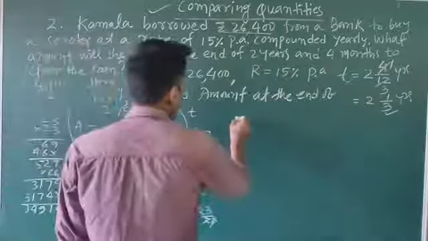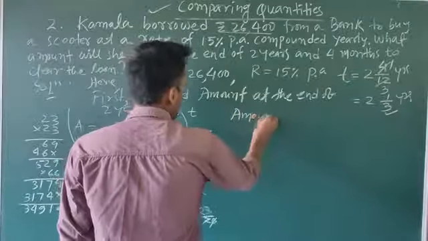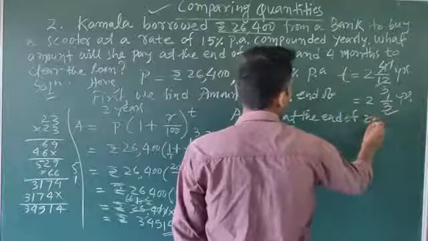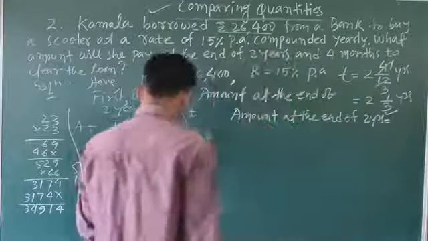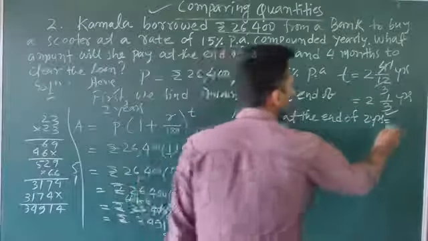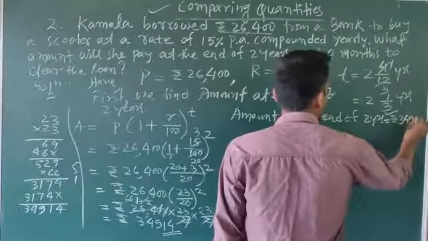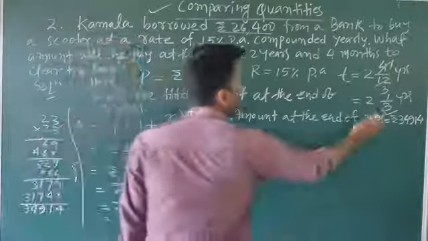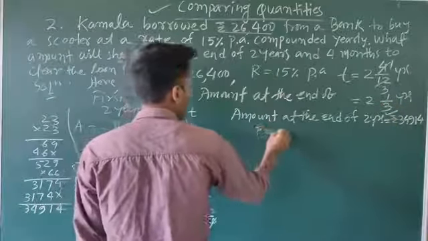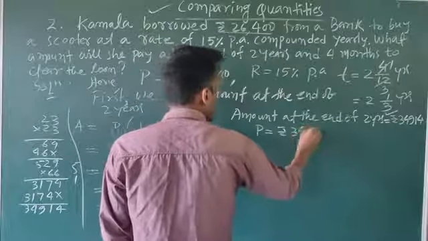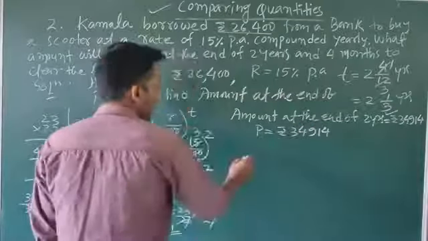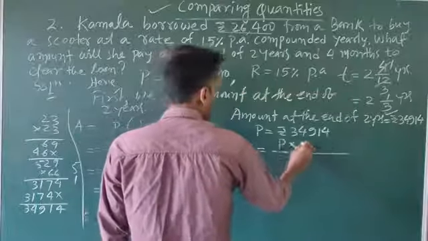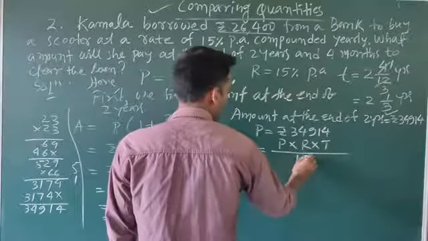The amount at the end of 2 years is 34,914, so this will be the principal for the next 1/3 year. Use the simple interest formula: principal into rate of interest into time by 100.